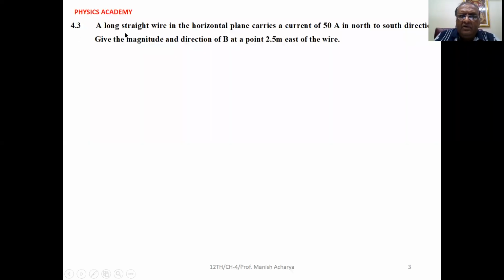4.3. A long straight wire in the horizontal plane carries a current of 50 ampere in north to south direction. Give the magnitude and direction of B at a point 2.5 meter east of the wire.